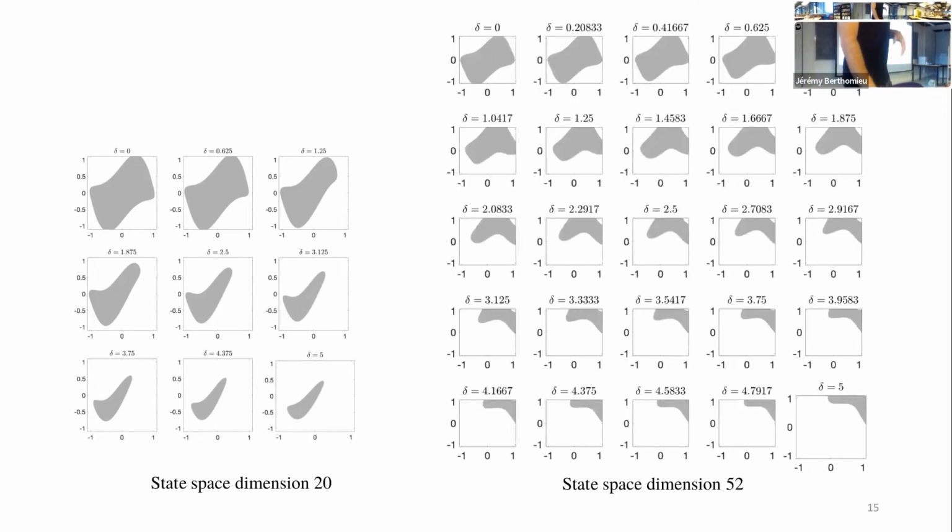Then we pushed this a bit further. We did the same example, but with more sparse outgoing leaves, and then we could solve something in dimension 52, which is far from tractable in fully dense cases.